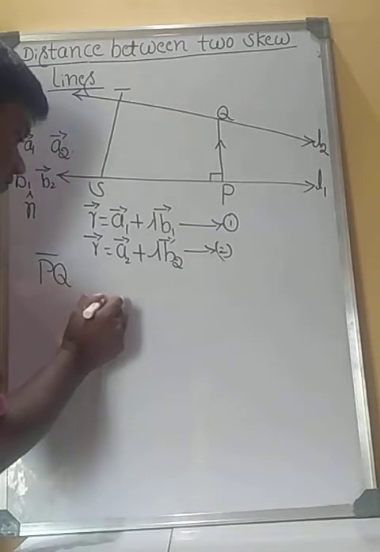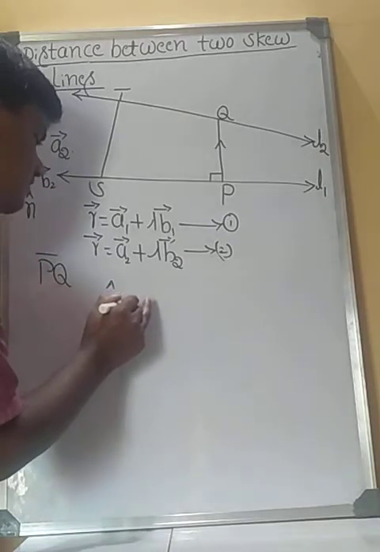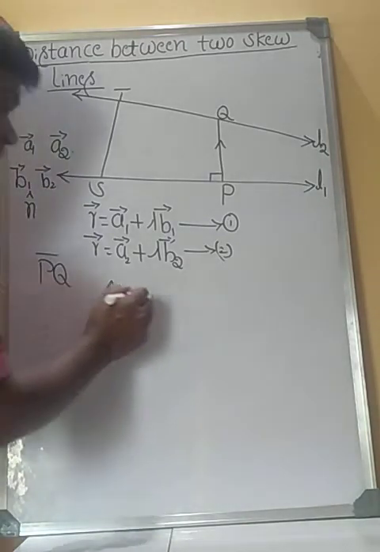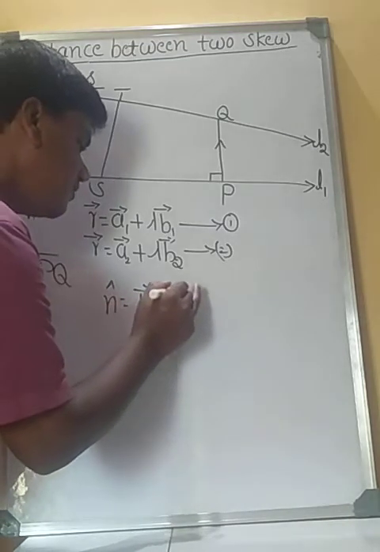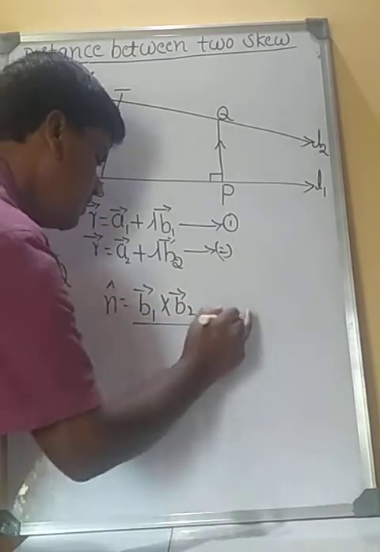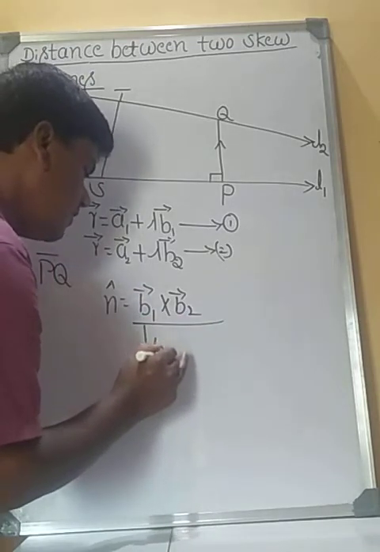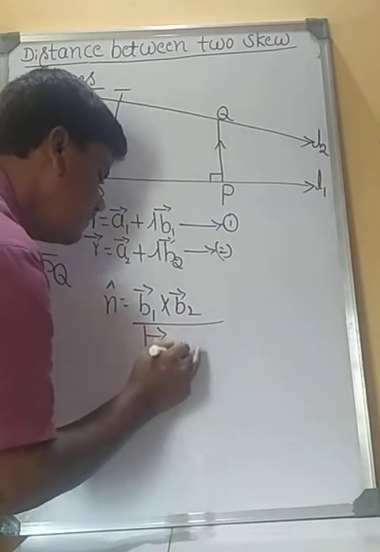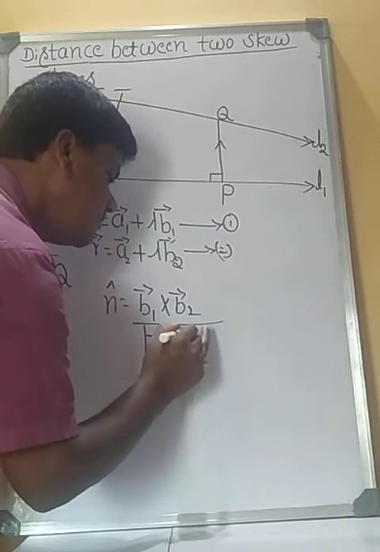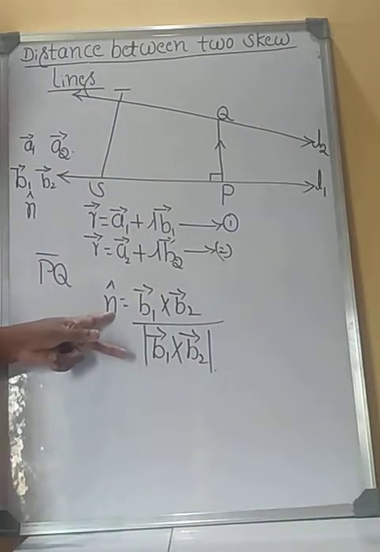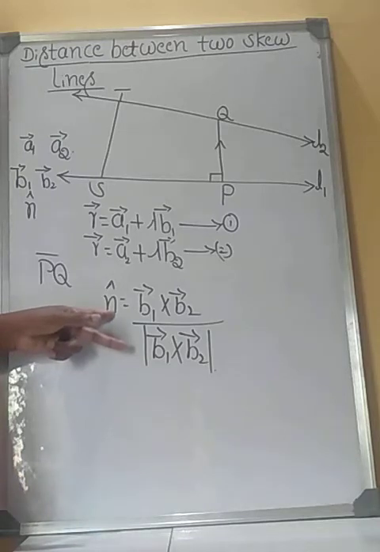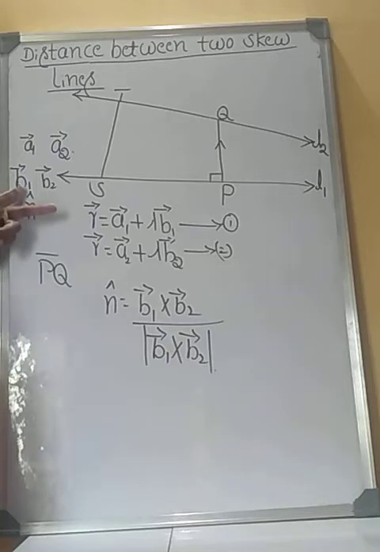So therefore n cap is equal to b1 vector cross b2 vector divided by magnitude of b1 vector cross b2 vector. Here n cap is a unit vector perpendicular to both vector b1 and b2 vector.